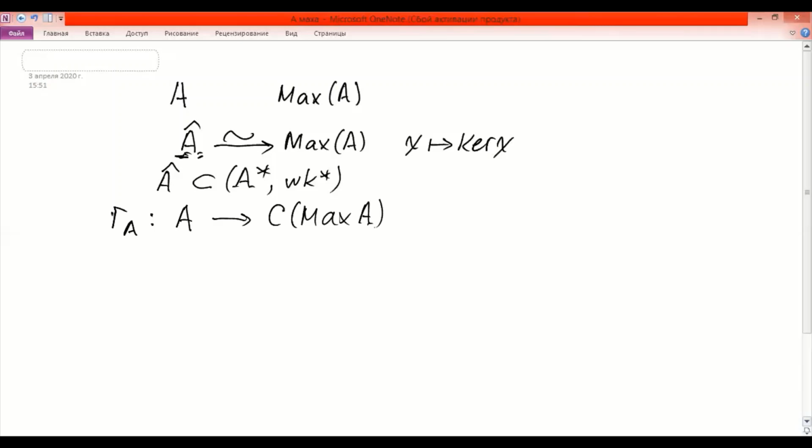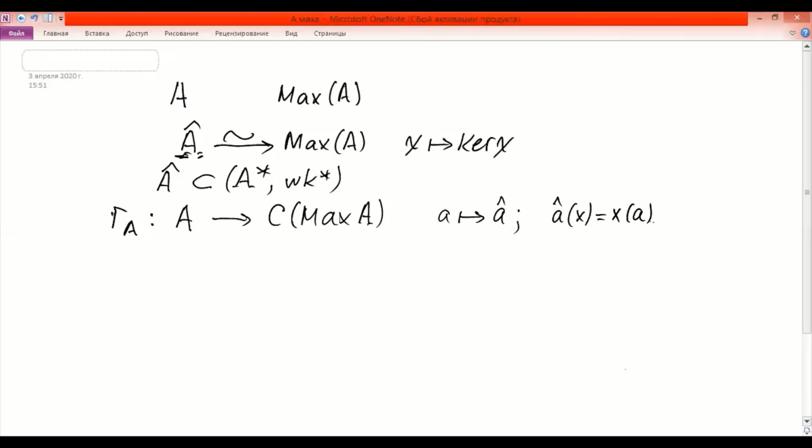And this homomorphism takes each element of our algebra A to a function a hat on the maximal spectrum, where a hat is given by the following formula. Okay, so the Gelfand transform is always a continuous unital homomorphism from A to the algebra of continuous functions on the maximal spectrum.